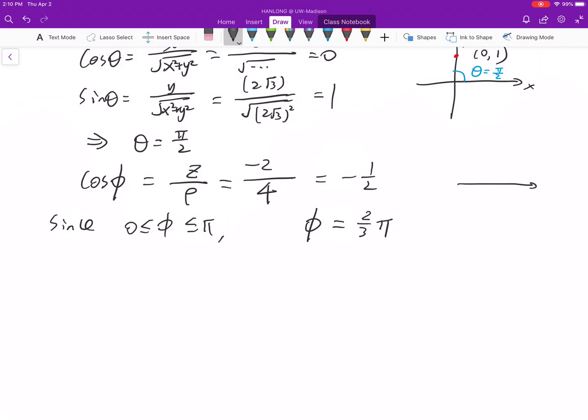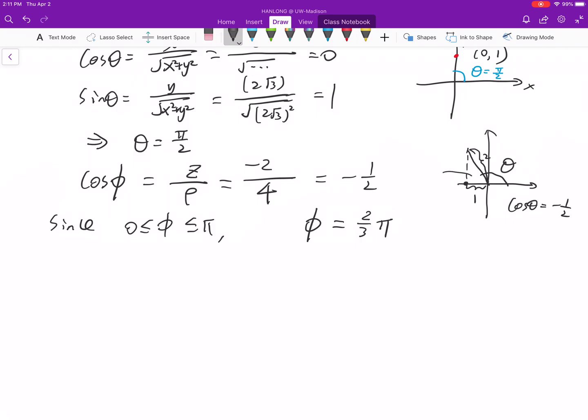So you will have 2 pi over 3 go like this, and then this is 1, this is 2, but then cosine is negative, so here cosine phi is -1/2.